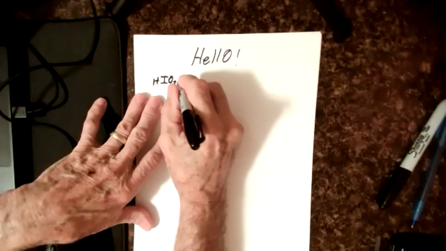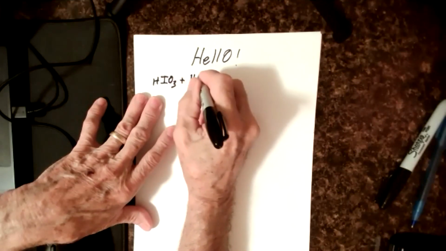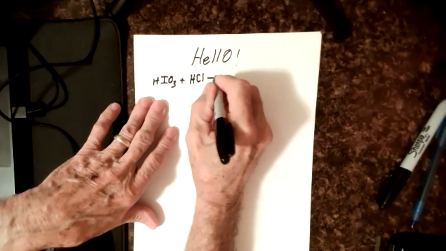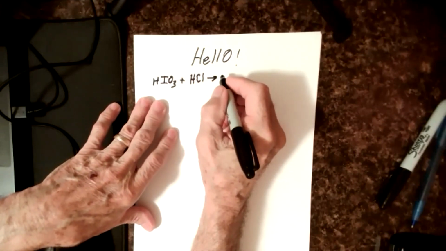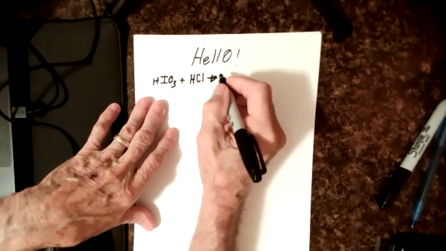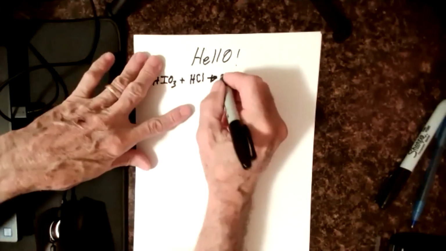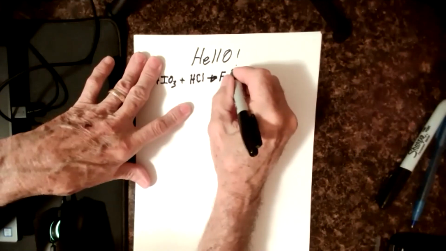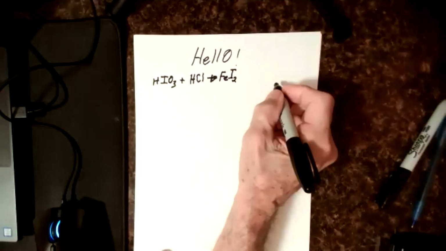And we're going to react that with hydrochloric acid and we're going to form iron. Oh, wait, I left off my iron. I had hydrochloric acid, but I got another reactant up here. It's iodic acid, iron 2 iodide. So iron is a +2, and iodide is -1, so I'll need 2 iodides. That's the formula for the reactants.